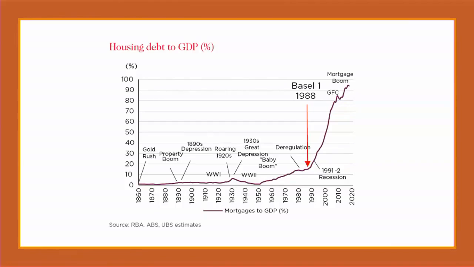Yes. Sorry, stupid question. What's Basel 1 mean? All right, I'll talk. Basel is essentially the beginning. Basel is a bit like the Paris Agreement for financial deregulation. There's been a Basel II agreement as well.